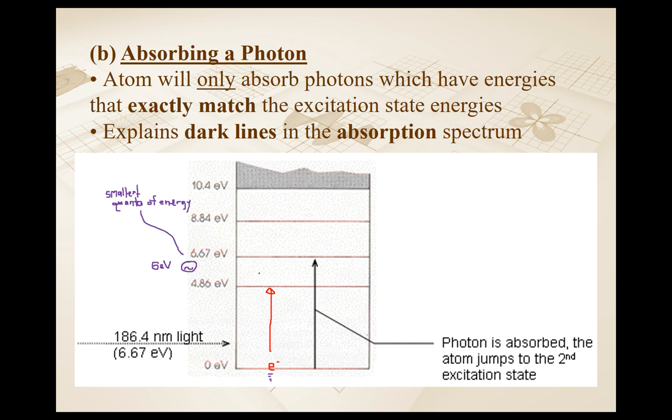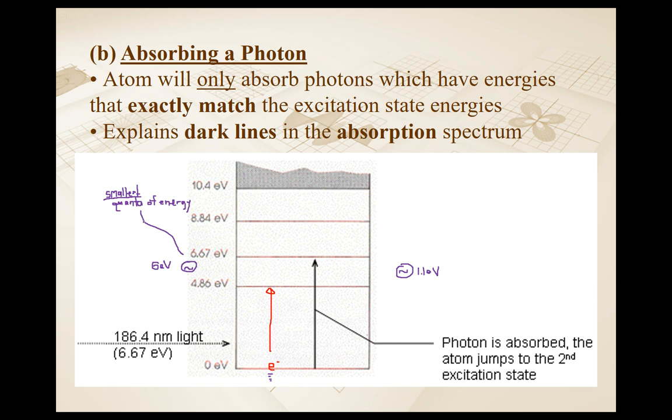So I want to put in a contradiction. Let's say that this photon actually did come in. It gave this guy the 4.86 electron volts, and then the photon left with the 1.1 electron volts. Well, it can't do that because the 6 electron volts here is already the smallest quanta of energy. So for this, it's kind of like an all or nothing situation. It's either the electron's going to absorb the photon or it's not going to do it at all.